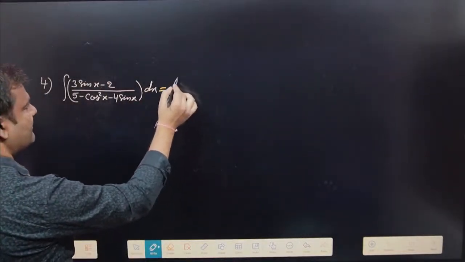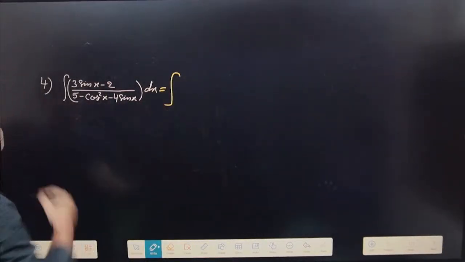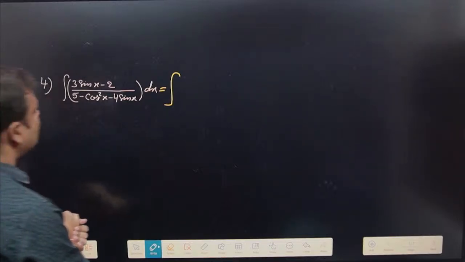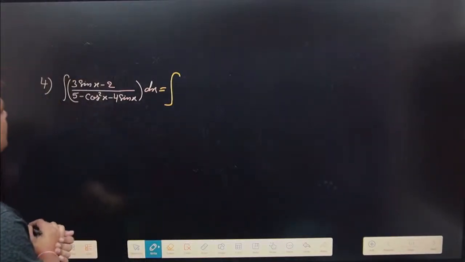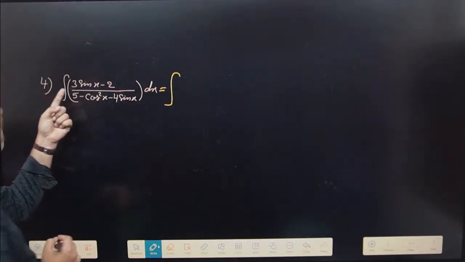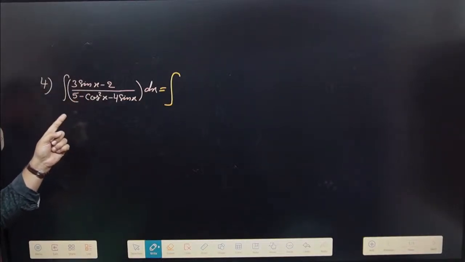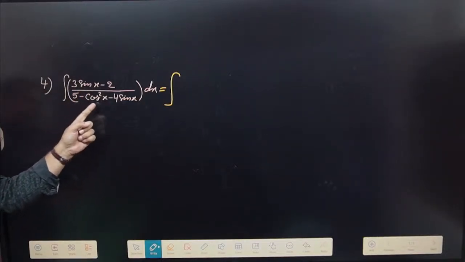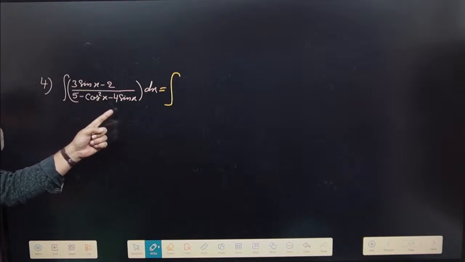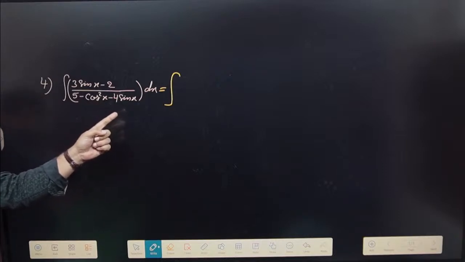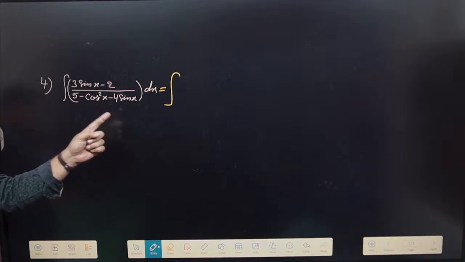Question number 4, how can we do it? First of all, look: integration of 3 sin x minus 2 divided by 5 minus cos square x minus 4 sin x. Okay, so how can we do this type of problem?